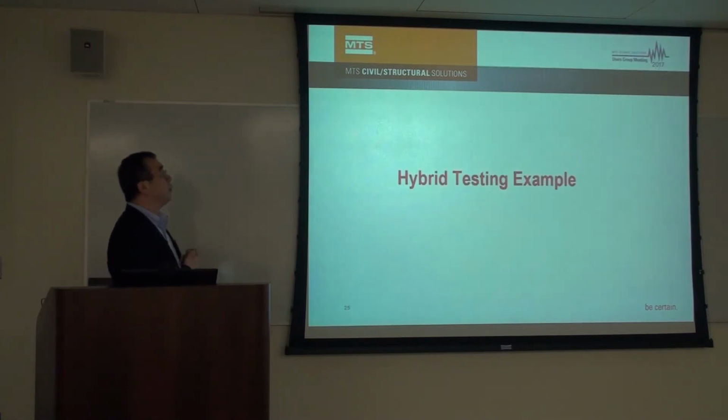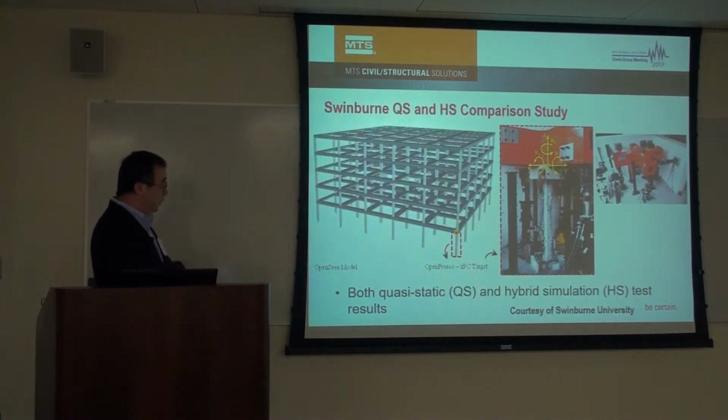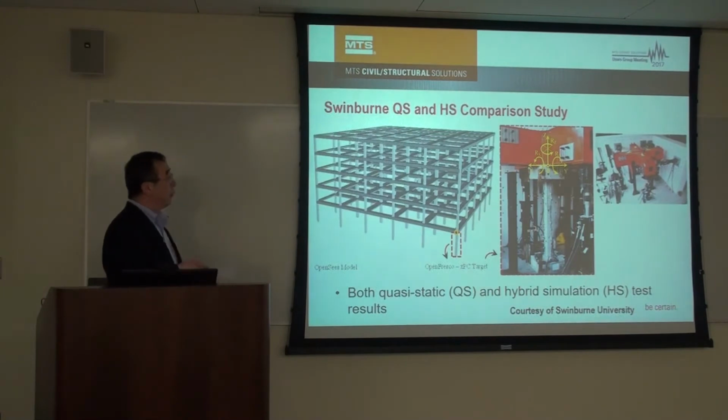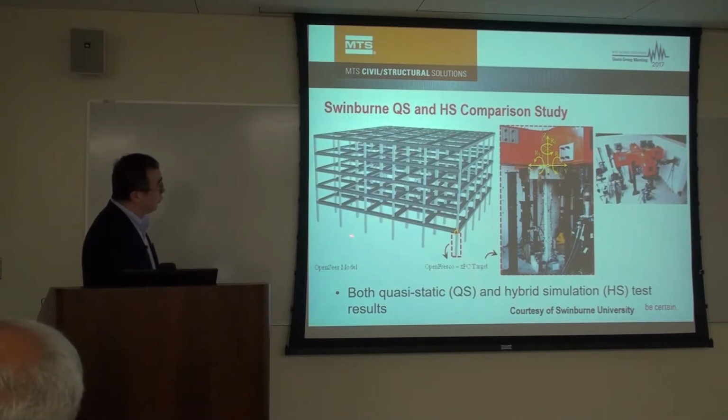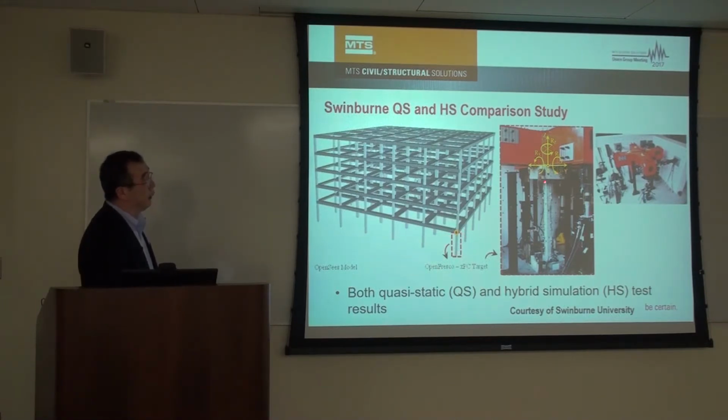Next, I'm going to show an example of a hybrid test. This work was done by our friends at Swinburne University. This hybrid test has a numerical substructure for the three-story structure, and the physical substructure is just this column tested in the lab with this 6 degree of freedom loading system built by MTS.